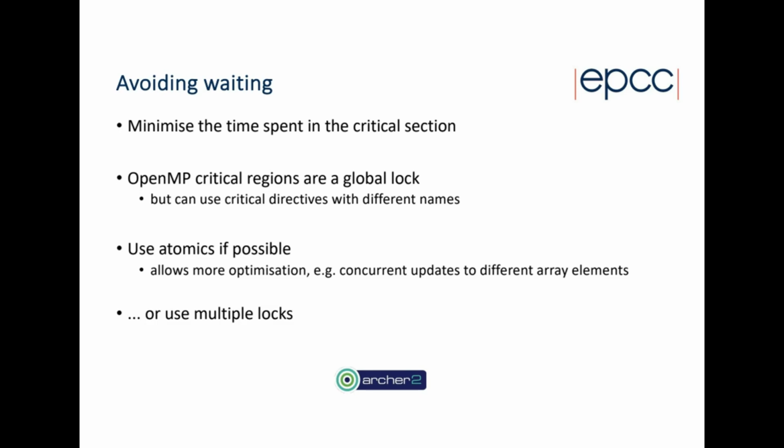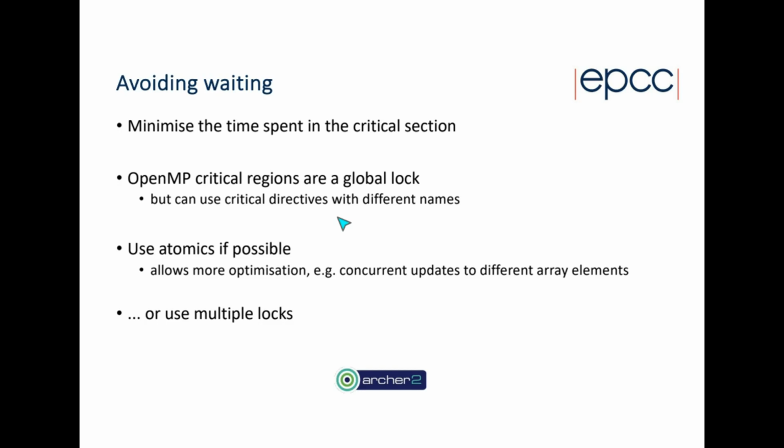What can you do? You can try and think, well, can I minimize the time? Can I optimize the code that's inside the critical section to minimize the amount of time that's in there? OpenMP critical regions are a global lock. You can have critical directives with different names.